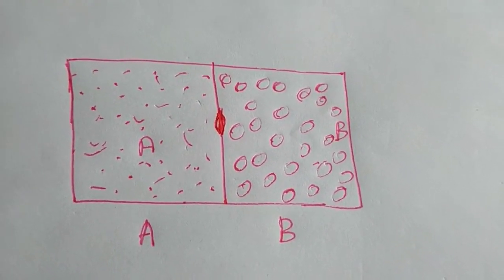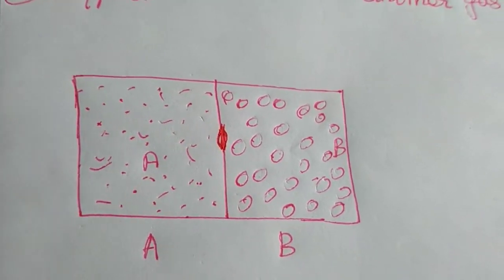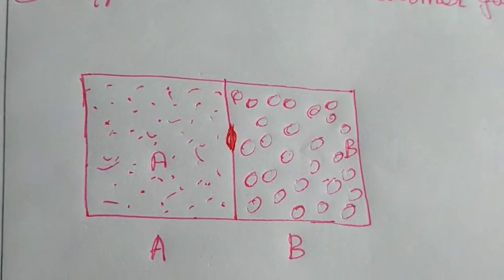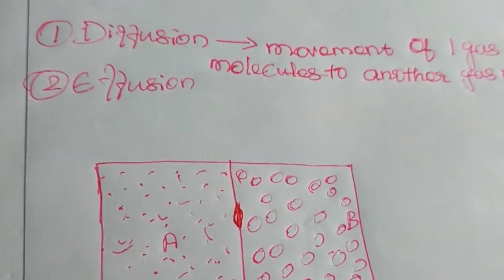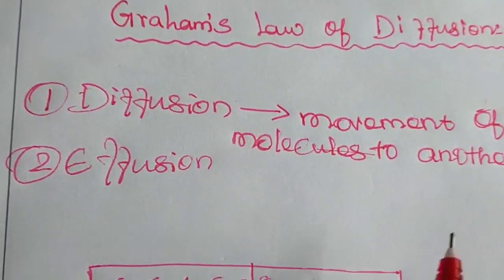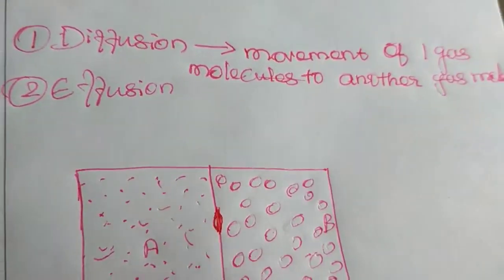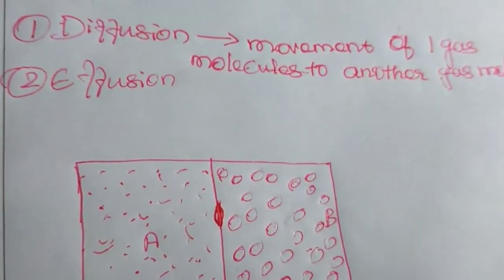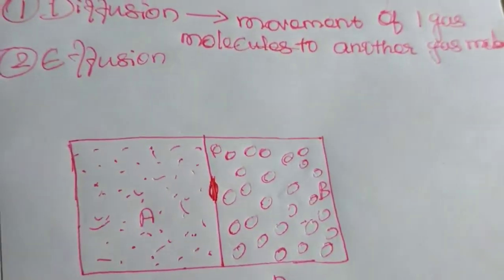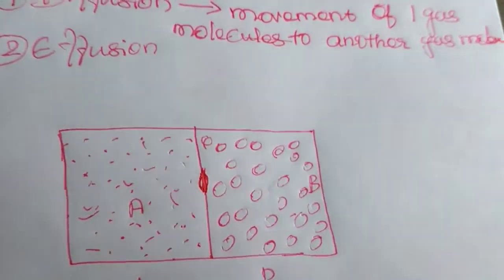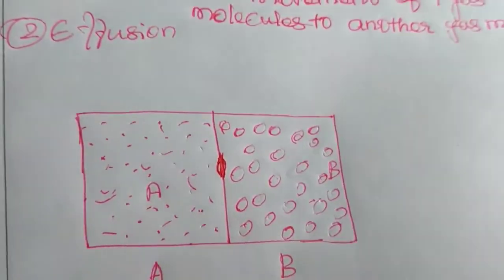It's not something different, it's the same thing we experience in our daily life. Simply put, diffusion is the movement of air particles or gas molecules from one place to another.